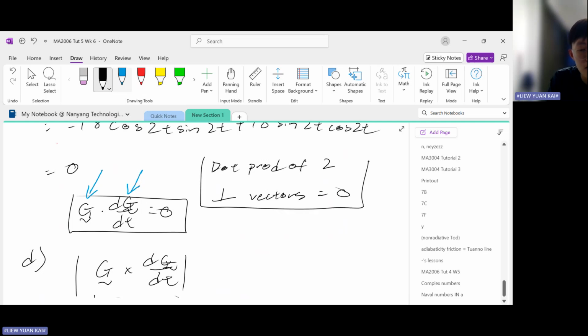This is an important rule. So we know that g dot dg dt is equal to 0. This tells us that g is perpendicular to dg dt.